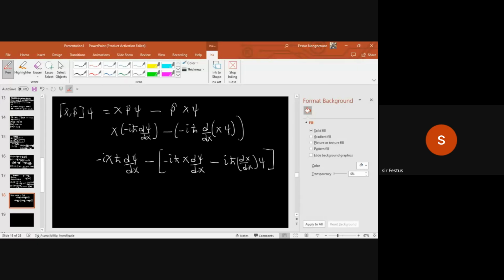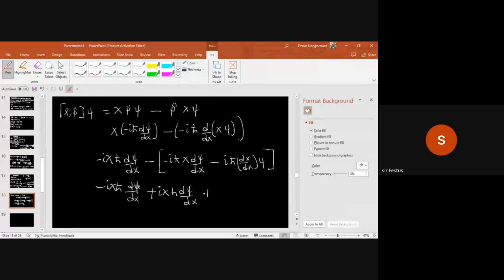So here will be minus x i h d psi on dx, minus. Whatever is here is going to be minus, so minus becomes positive. So I'll have i x h, then I'll have d psi on dx. Then minus also makes this one positive, so plus i h.